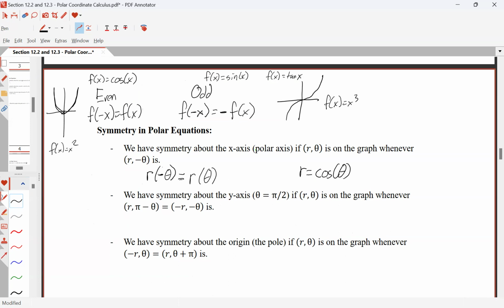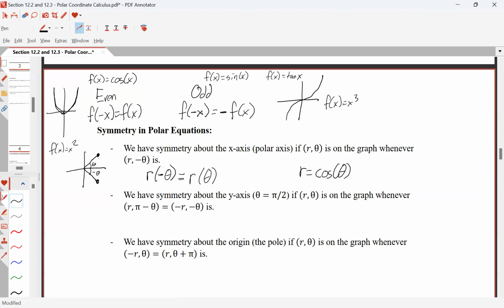Because if I plug in a negative theta, we know because cosine is even in the Cartesian sense, it's going to have symmetry across the x-axis in polar. What this will look like is whenever r, theta is on the graph, r, negative theta is also on the graph. So there is a reflection over that x-axis.